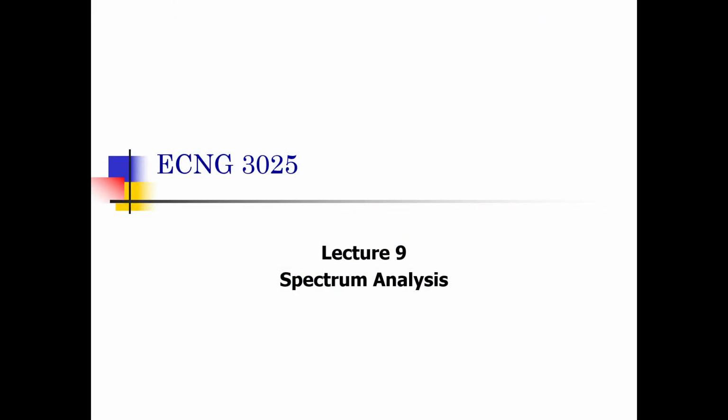Alright, good morning everyone. Today's lecture is going to be focused on the use of spectrum analysis. We're going to look in particular at what happens when we zero pad our discrete time signal and convert it into the frequency domain representation, what the effect on the signal in frequency is, and what happens when we incorrectly sample the signal and then transform it into the frequency domain.